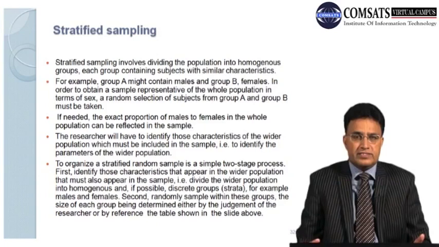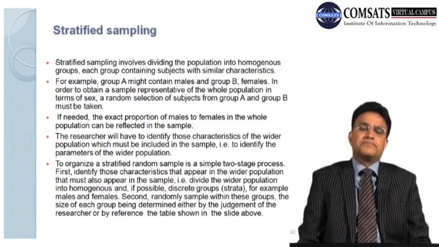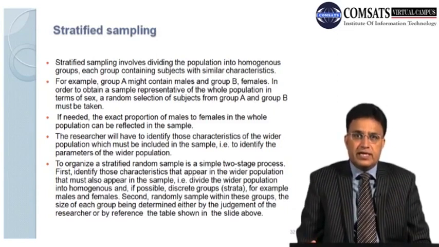Makeup and the characteristic features are the same. So each group containing subjects with similar characteristics is called a homogeneous group. For example, group A might contain males and group B females.